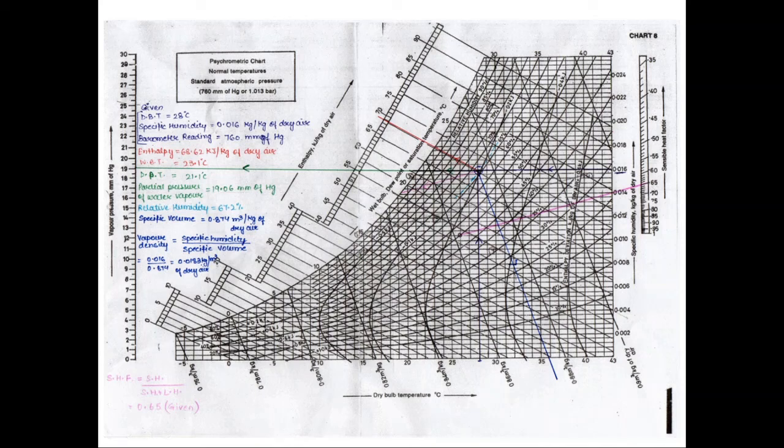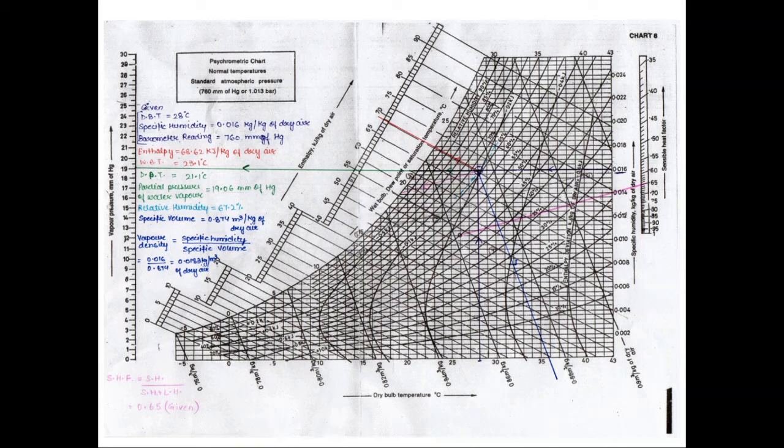Now you mark another point, that is the alignment circle point for this chart. The value is 26 degrees Celsius dry bulb temperature and 50% relative humidity. So we have marked out this point.